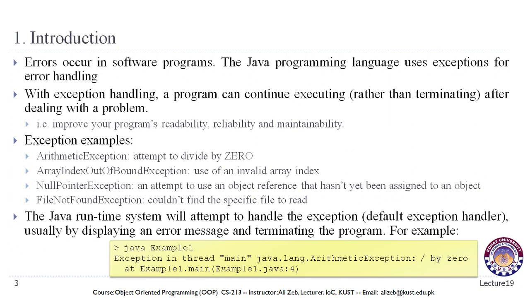For example, in this line we have: exception in thread main java.lang.ArithmeticException: divide by 0 at Example1.main. That is an example program. That can be any program. The idea is that it guides us towards that error, so that we can correct the error or modify our program to handle that error.